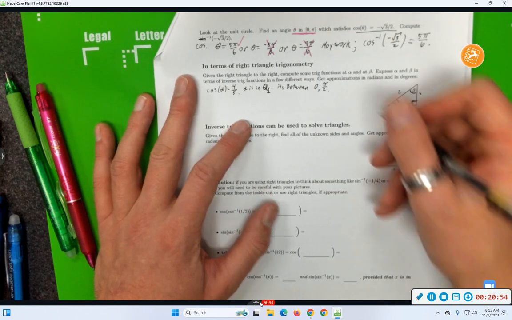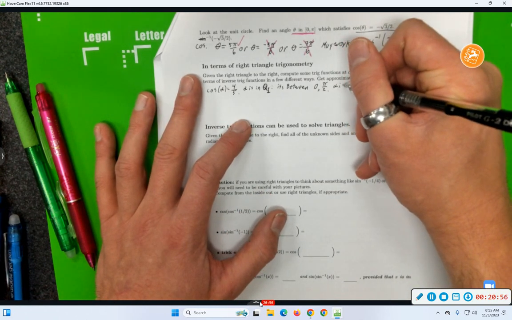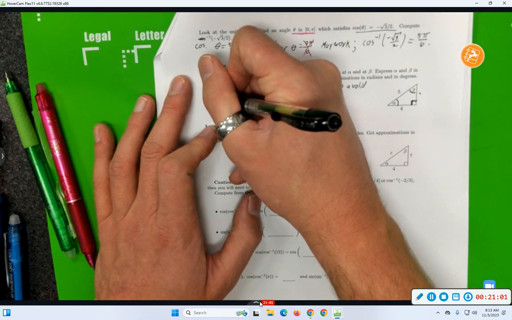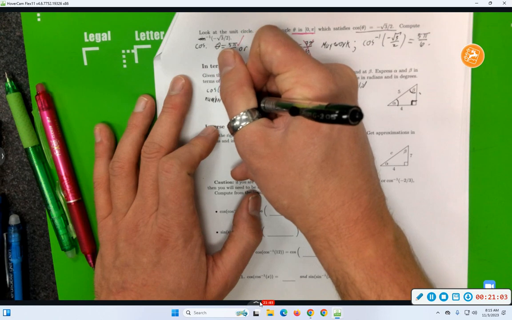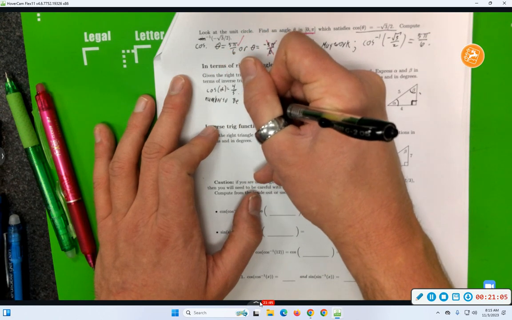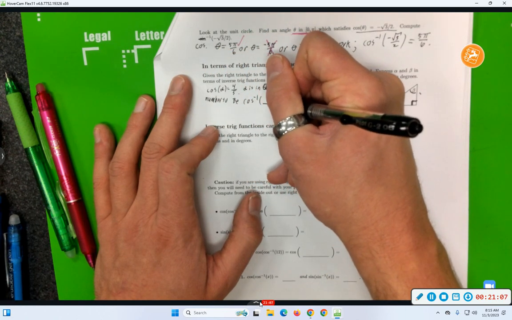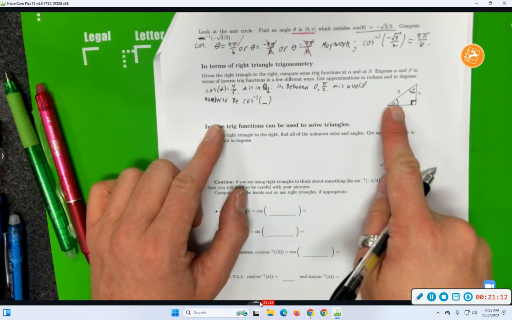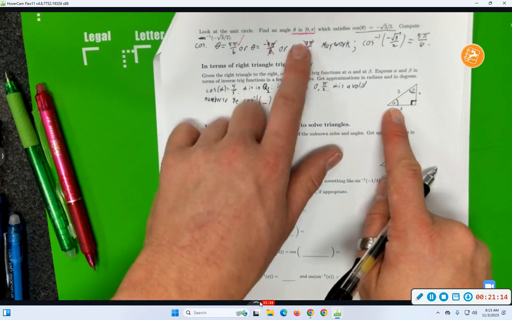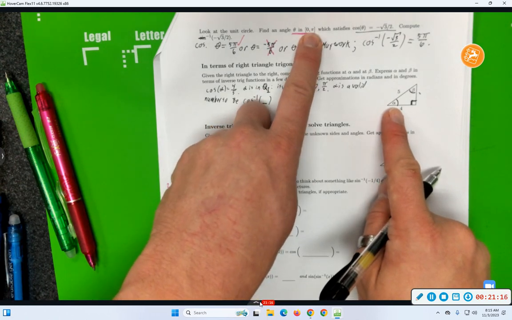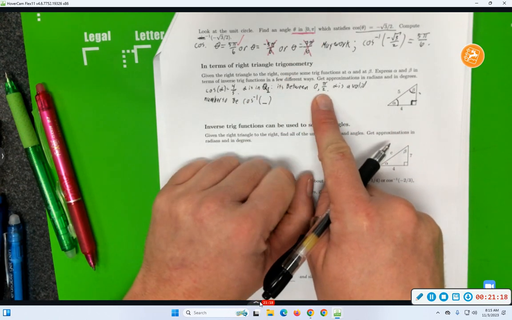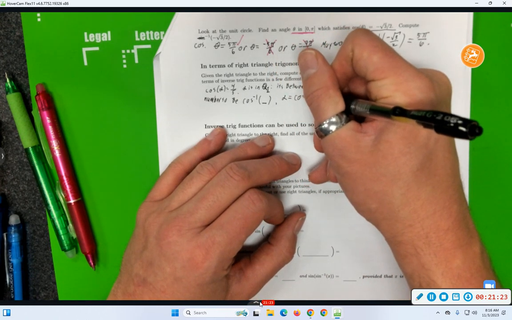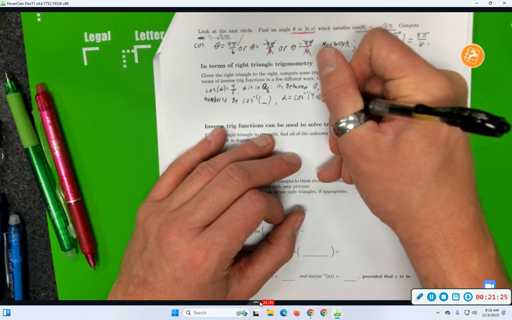So alpha is a valid number to be inverse cosine of a thing. It's in the right range. The range of inverse cosine is 0 to pi, and this is in something smaller, between 0 and pi over 2. So alpha is equal to cosine inverse of 4 over 5.